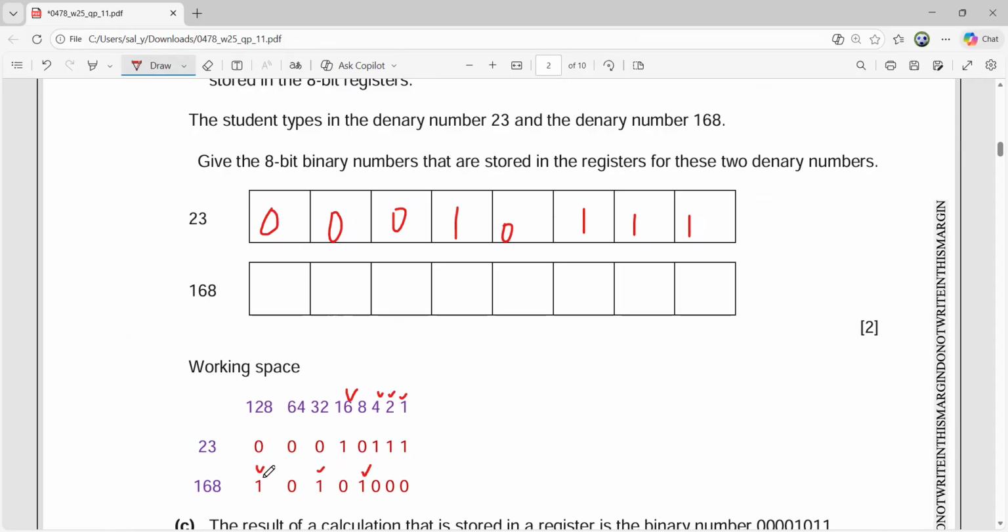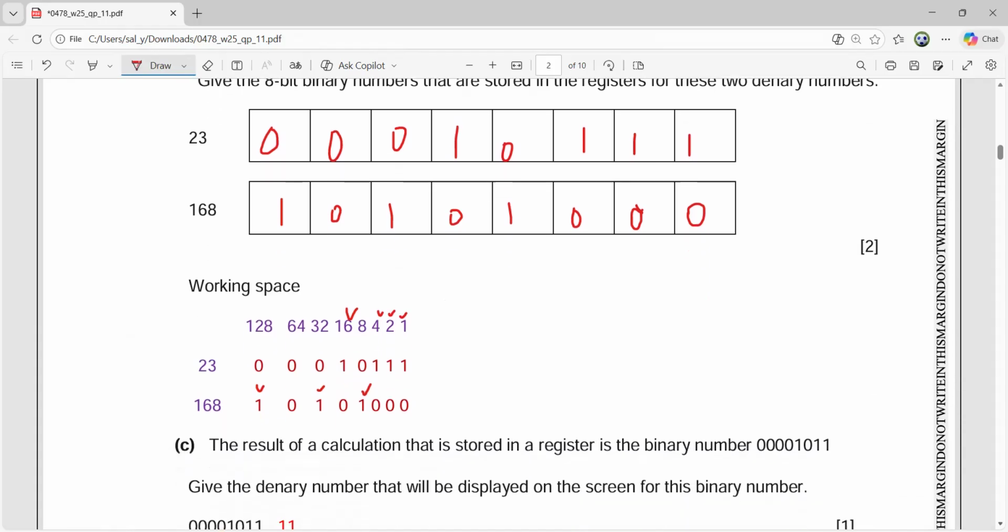So 128 and 32 is going to be 160, and then 168. So your final answer for 168 will be 1, 0, 1, 0, and then 1, 0, 0, and then 0. So this is your final answer for 168: 1010, and then 1, and then 000.